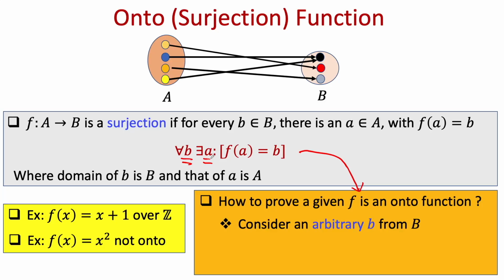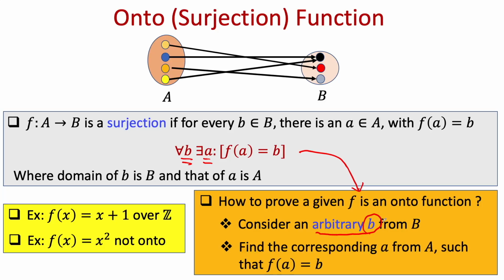Since we have to prove that the condition is true for all the elements small b from the codomain set, we will instead pick an arbitrary element small b from the codomain set, and for that arbitrarily chosen element small b, we will prove the existence of at least one pre-image element small a from the domain such that f of a is equal to b, right?